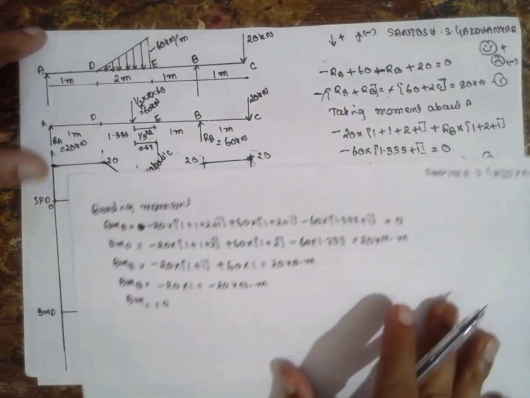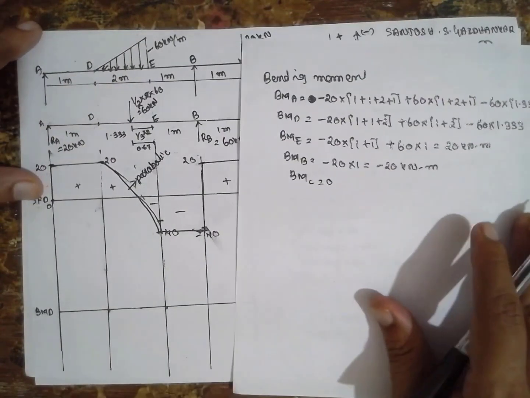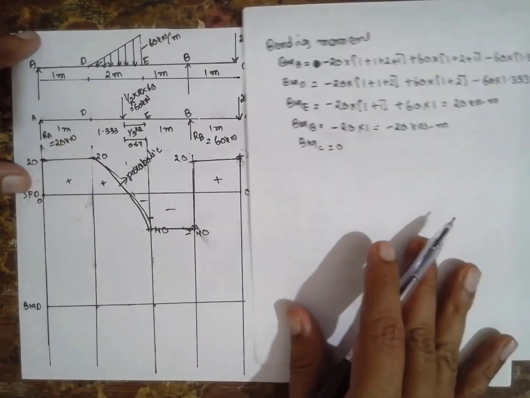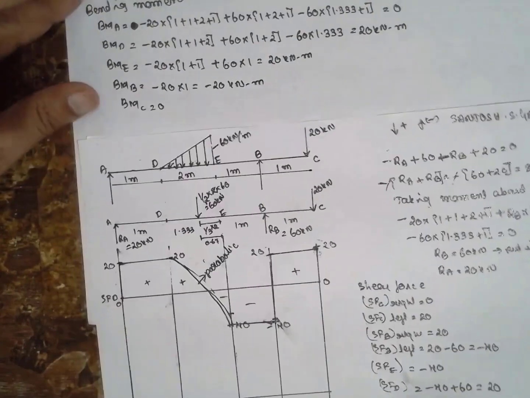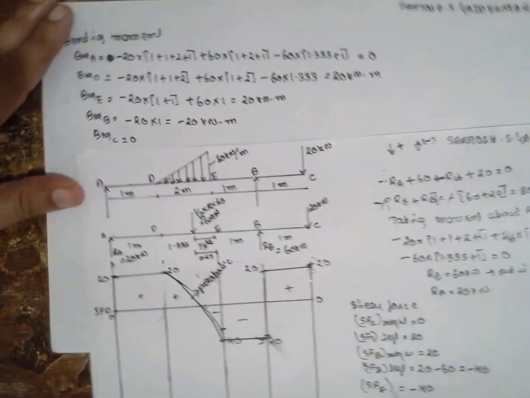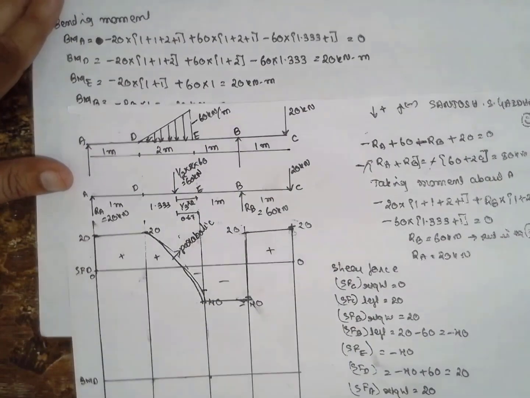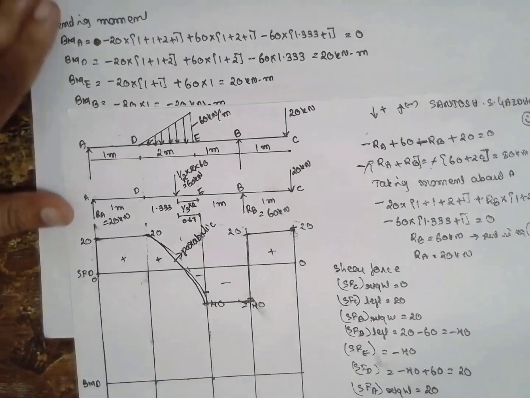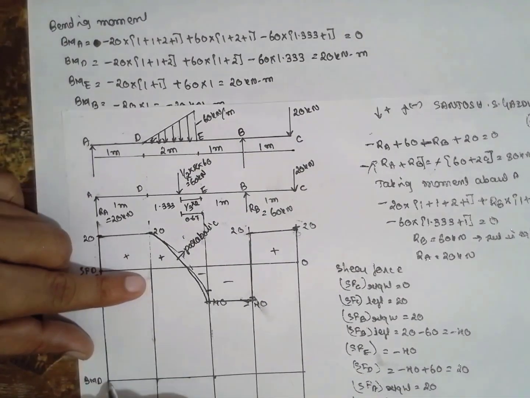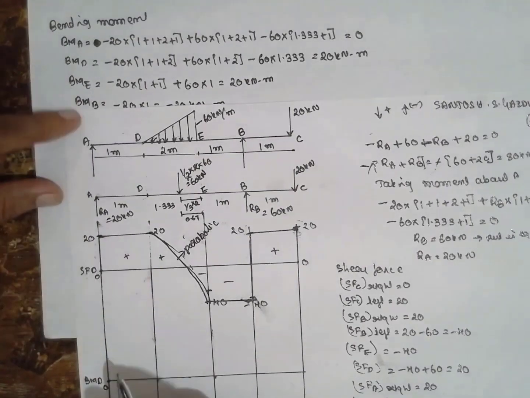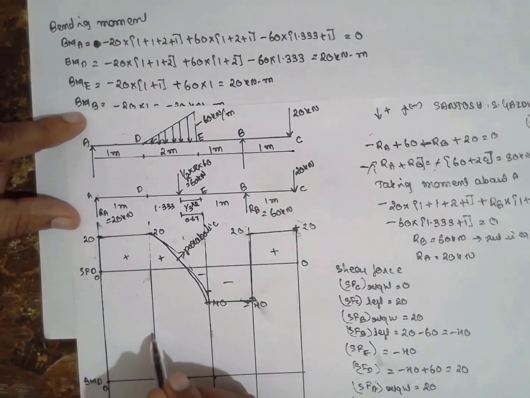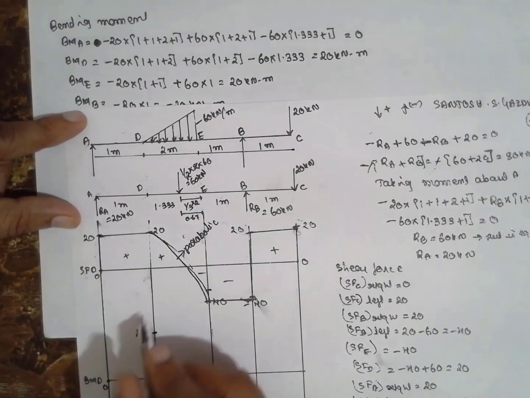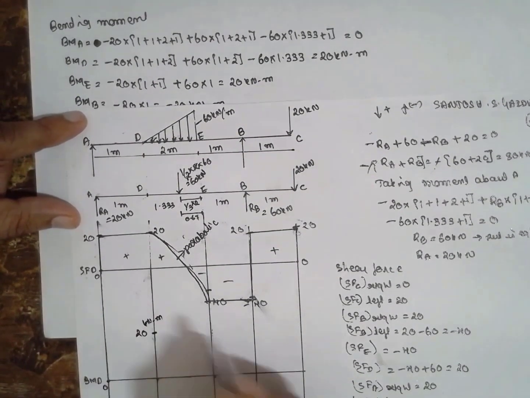Now draw the bending moment diagram. These are the values we have to consider while drawing it. The first value is 0 here. Second is 20, that means positive 20 kilonewton meter.